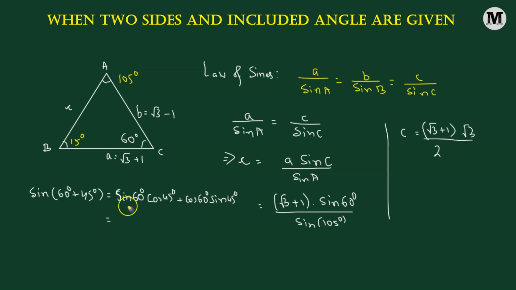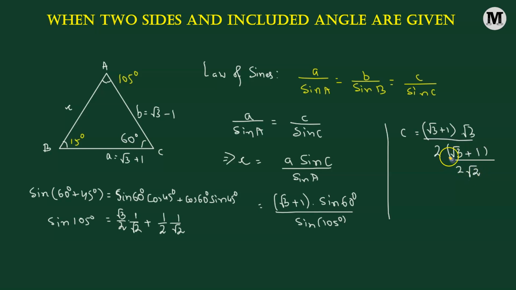Now sine of 60 degrees is square root of 3 over 2, multiplied by cosine of 45, that's 1 over square root of 2, added to cosine 60, which is 1/2, multiplied by sine 45 degrees, that's 1 over square root of 2. So we have obtained the value of sine 105 degrees: square root of 3 plus 1, whole divided by 2 times square root of 2.